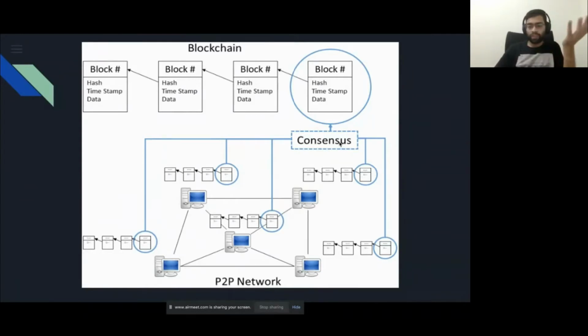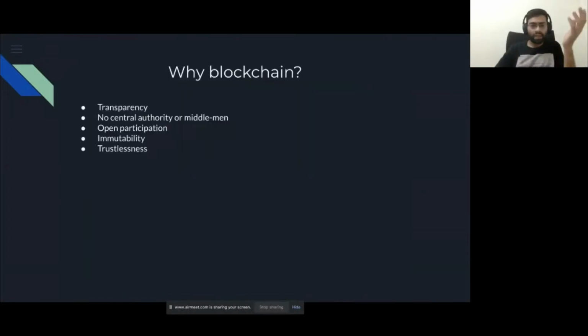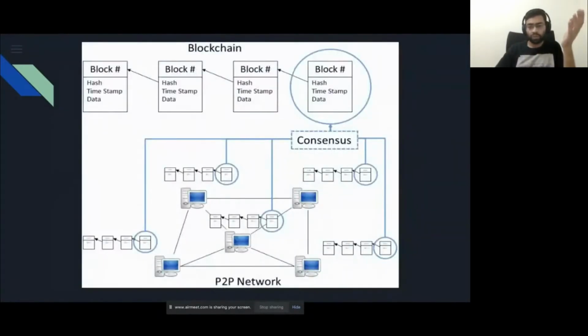There are different types of consensus. Consensus is basically how you come to an agreement as to what blocks and what transactions are valid, right? And consensus is a very hard problem to solve, which is one of the key things that blockchain solves. Just try to think of it: if three of you want to go out for dinner, it's bloody hard to figure out which place to go to, which movie to go to.